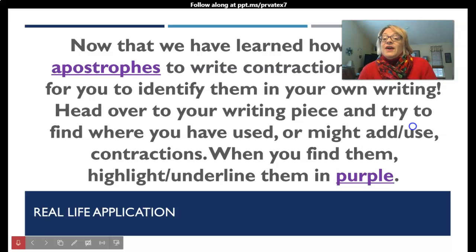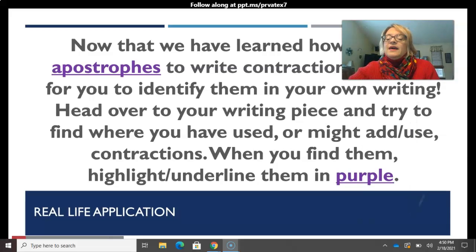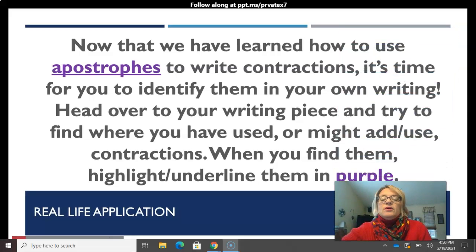Okay, so now that you have finished copying that great sentence into your notebook, we want you to look for these great contractions in your own writing. I'm sure you're using them already. So what you want to do is when you review your writing, which you're doing right now with your informational writing pieces, and you're telling us all about things that you know, you're going to look through and see, do I have any places where I used a contraction?